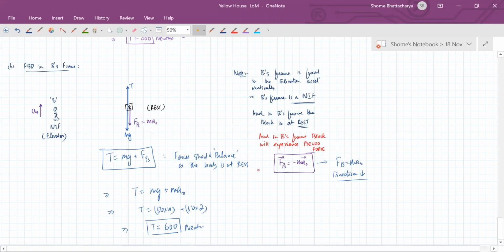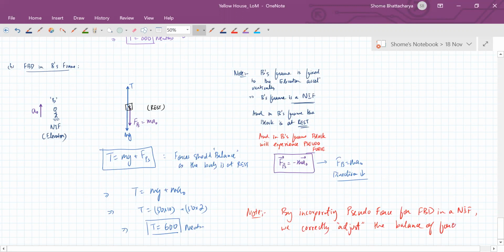So what we are seeing here is by incorporating pseudo force for the free body diagram in a non-inertial frame, okay, we correctly adjust the balance of forces.